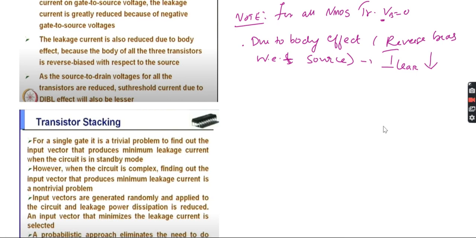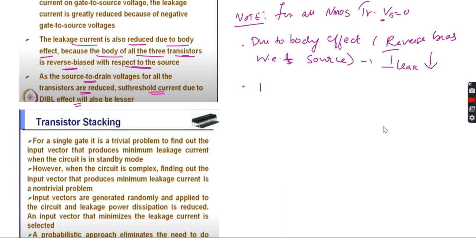That is why we mentioned here that the leakage current is also reduced due to body effect, because the body of all three transistors is reverse biased with respect to the source voltage. Then as the source voltage increases, the VDS for all the transistors is reduced, so the threshold current due to the DIBL effect will also be lesser. So these are the three mechanisms.